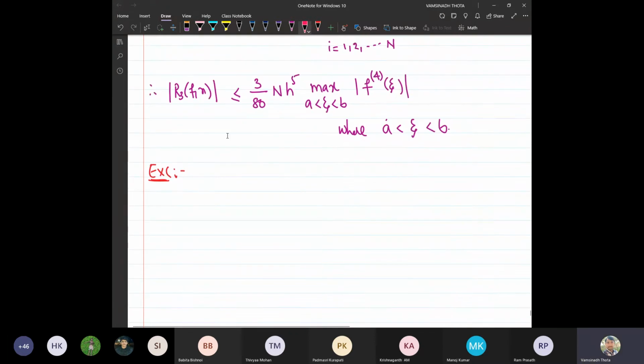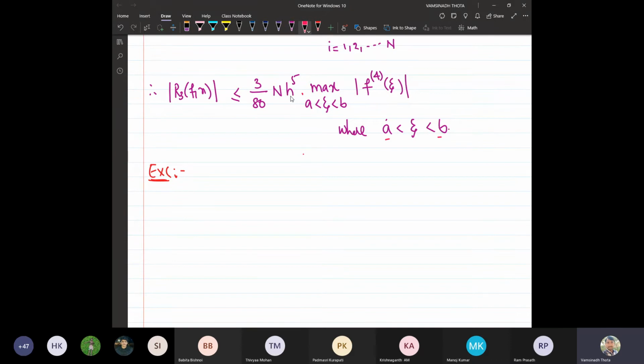If you would like to write the error term in terms of b minus a, substitute h and simplify. That's all. And the maximum of the fourth order derivative of f in the domain a comma b. So this is the error term, and it is the maximum error possible.